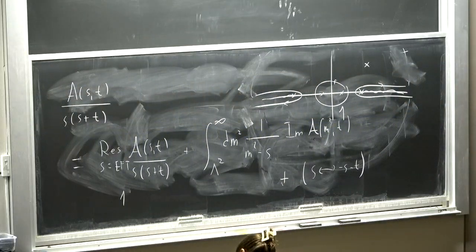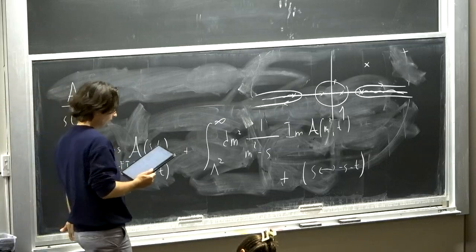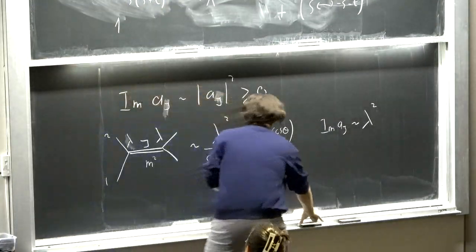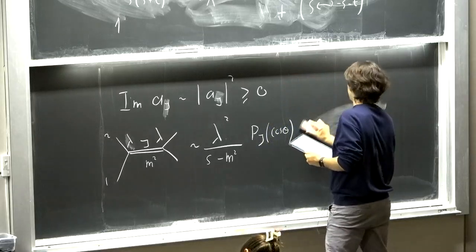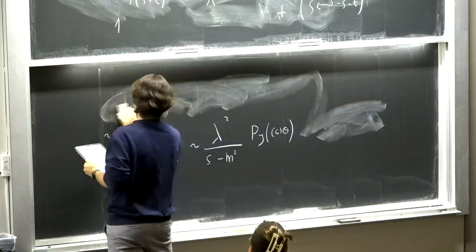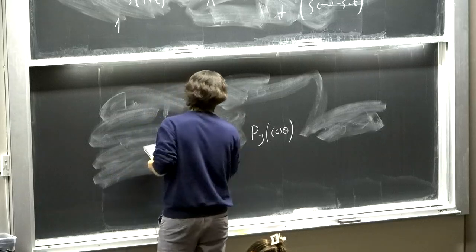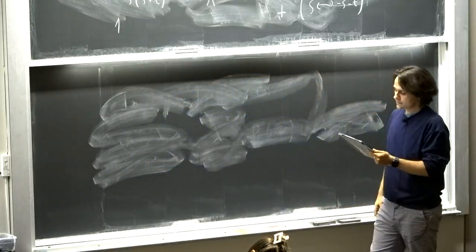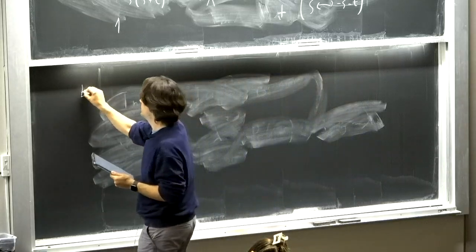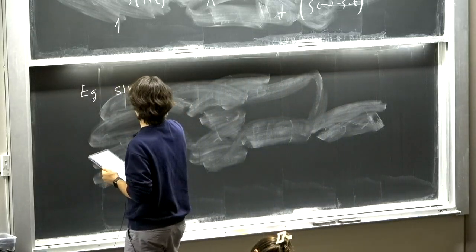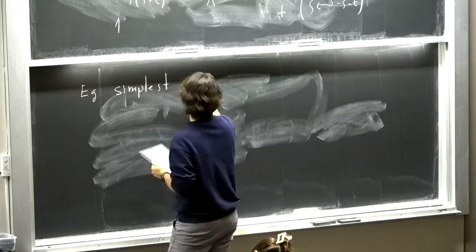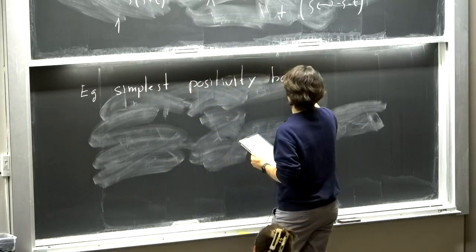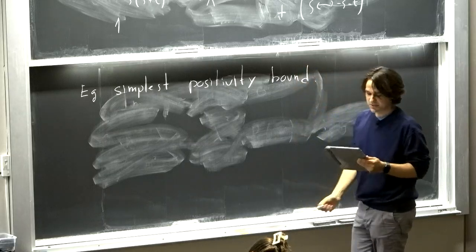So for instance, what is the simplest bound that we can put? So the simplest bounds, they're just positivity bounds.